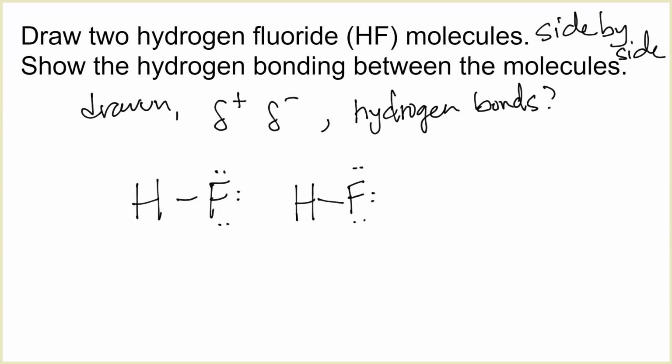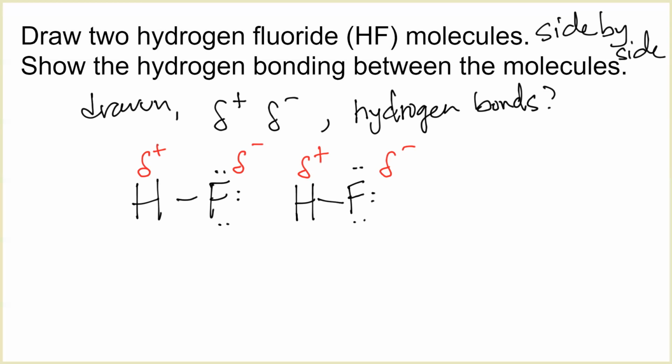So the first question we have is which one is partially negative, what's partially positive? Grace, can you tell me which element's going to be partially negative? Fluorine, good. So put your little partial negative next to the fluorines, partial positive next to the hydrogen. Okay.